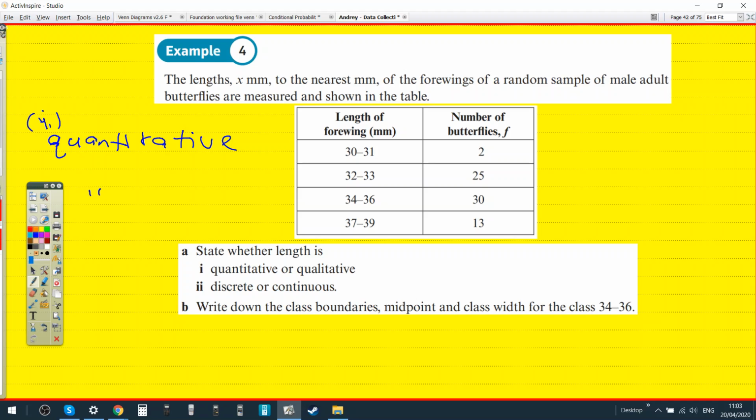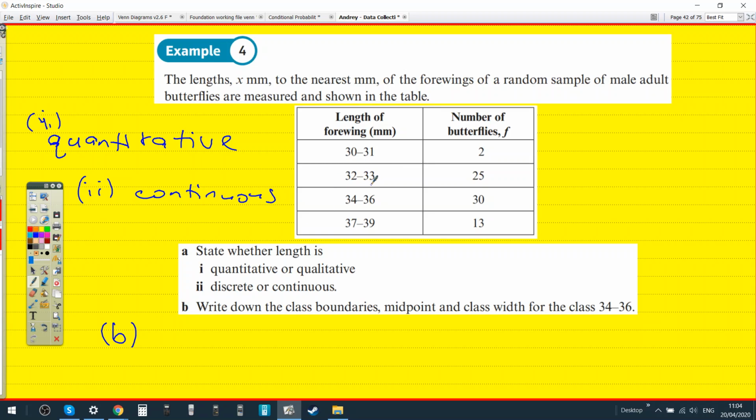And B. Okay, so sorry, I'm not really sure what the class boundary is.